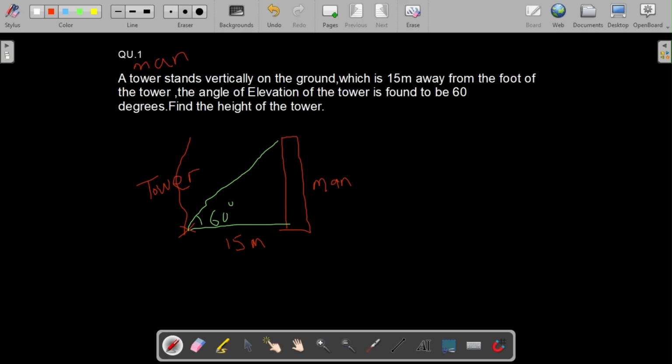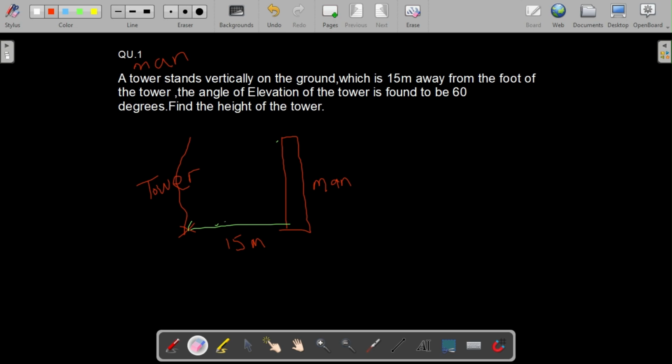The angle of elevation of the tower is found to be 60 degrees. So in this case, instead of switching it like this, I can make it this way. You see what's happening?